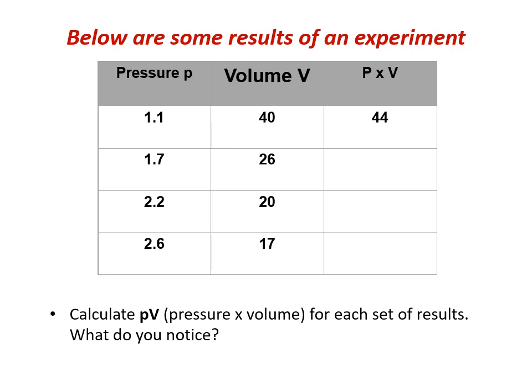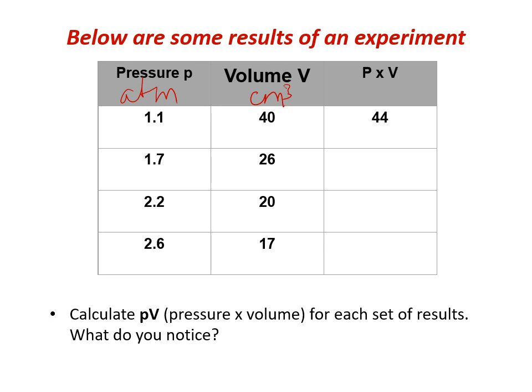Yeah, so this is given in atmosphere, and say this is given in centimeter cube. They are not the standard units. The standard unit for pressure will always be Pascal, and for volume is meter cube. So you have four different values for pressure, four different values for volume.